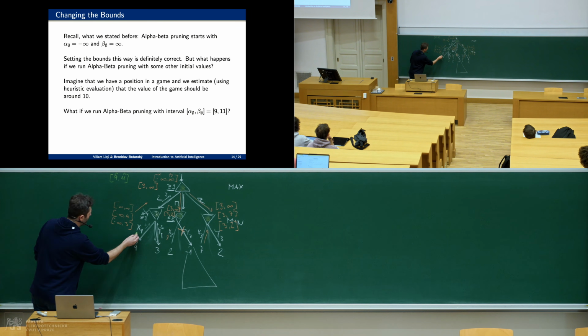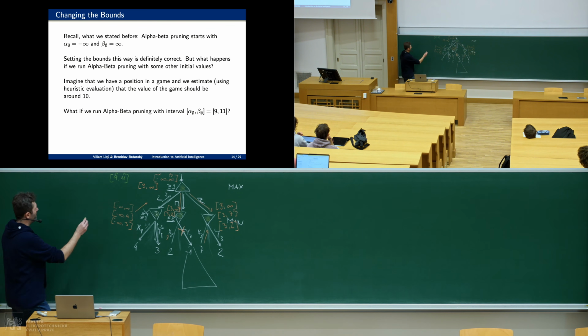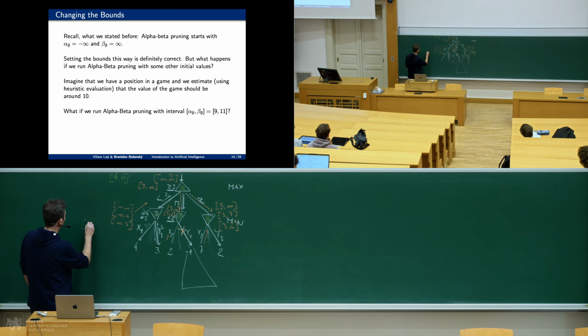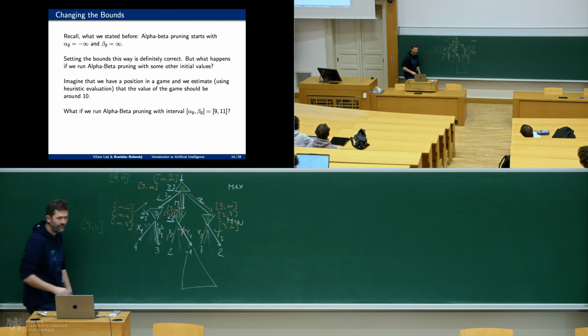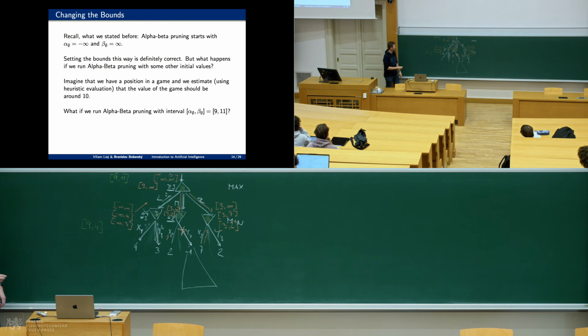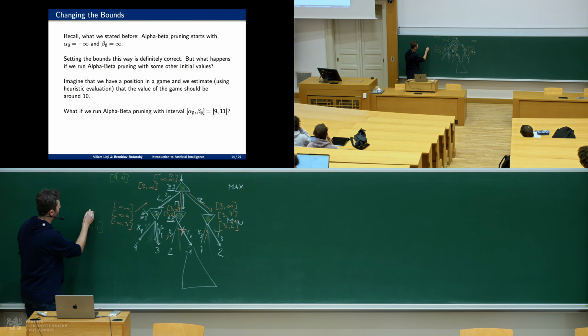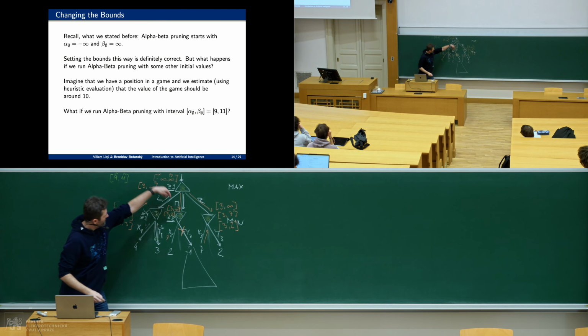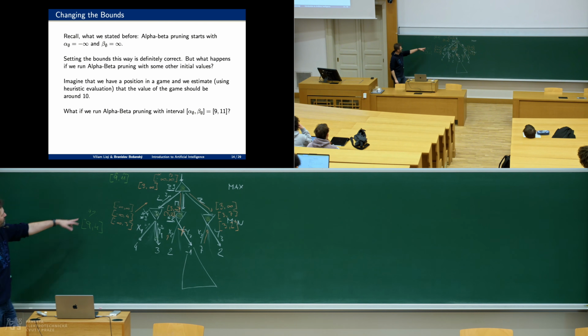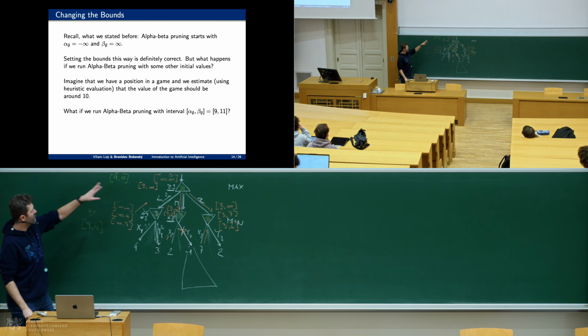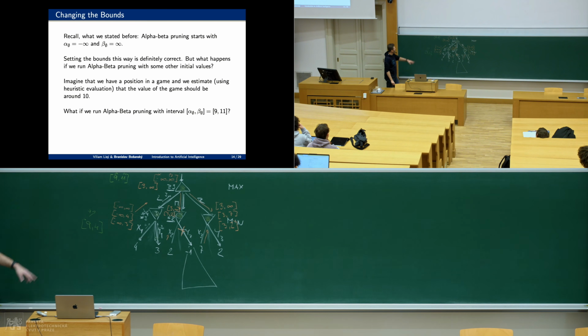So after exploring x1, my bounds would be 9, 4, and I'm pruning out y1. And I'm propagating up value 4. In the root node, again, nothing changes. I have 9 and 11.